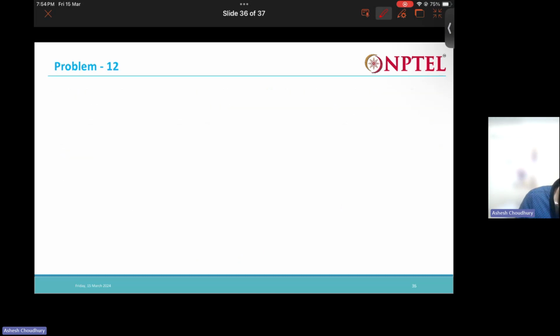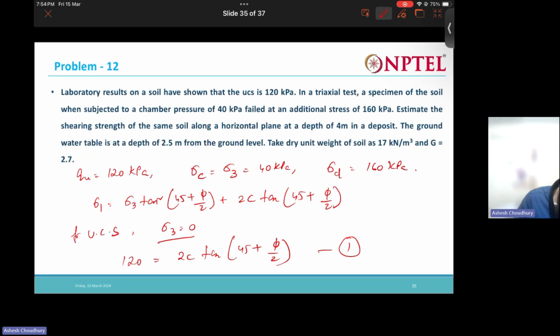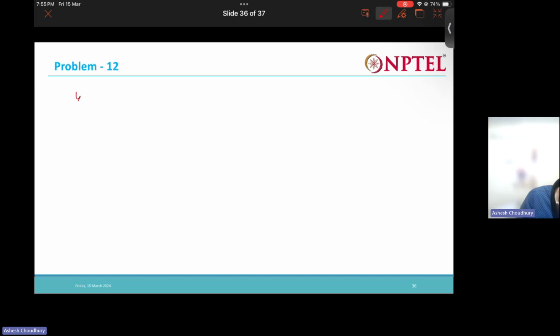Now for the second case, this equation we wrote for the UCS. Now let us write the equations for the triaxial test. For the triaxial test, 40 plus 160, this sigma 3 plus sigma d, is sigma 1.